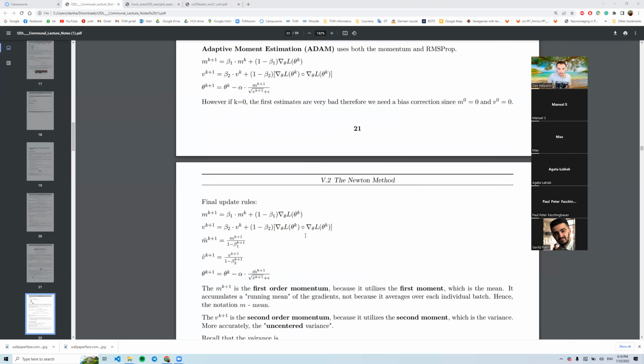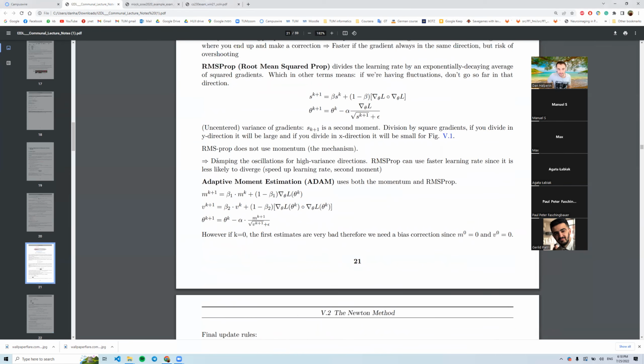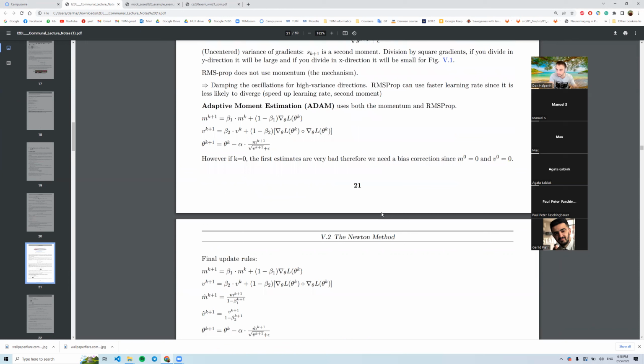For me, because I haven't read 1,000 exams before you, I could say, yeah, that is acceptable. But please try to stick to the keywords that we learned. For example, in here we say damping the oscillations of high variance directions, and that's what I would love you to write in the exam if you are asked about RMSProp. Of course, you can just memorize that, but that's what it does, the most accurate way to say it. Of course, it seems, Katerina, that you understand what you're talking about.